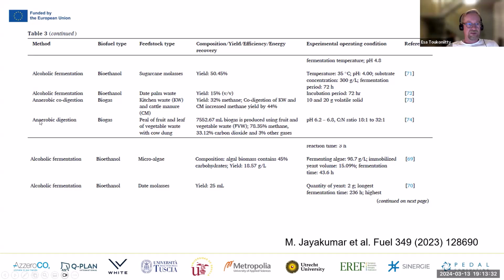One should maybe cut that part out of the table. But here, if we take a look at this bioethanol product, processes are roughly similar, but the feedstocks can vary: sugarcane molasses, date palm waste, kitchen waste, or that's the biogas, microalgae, date molasses.